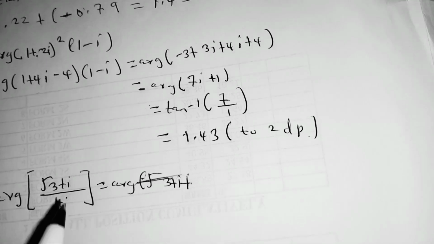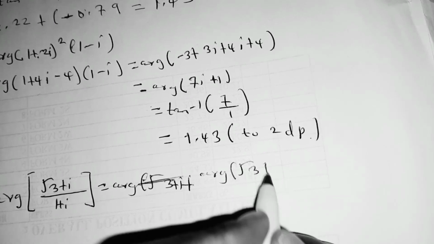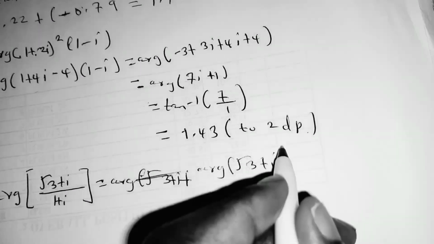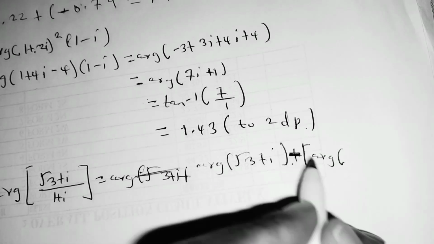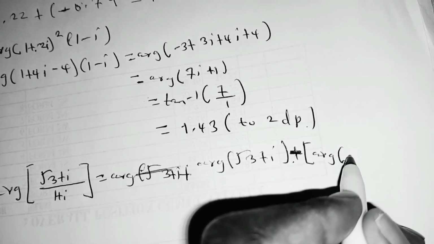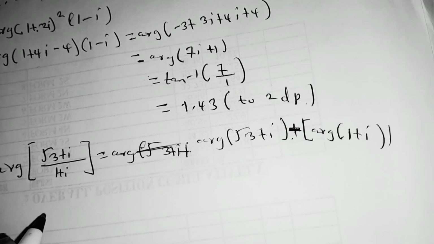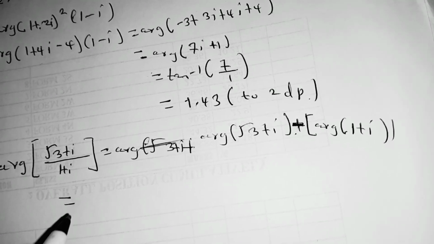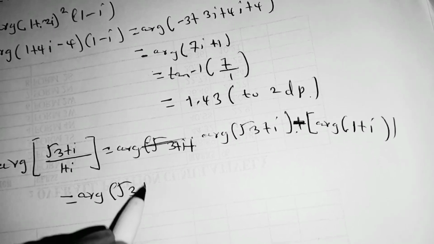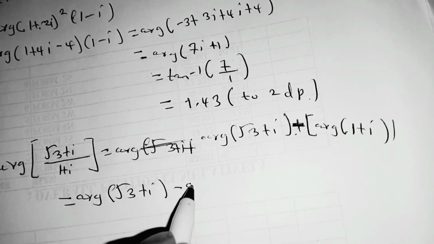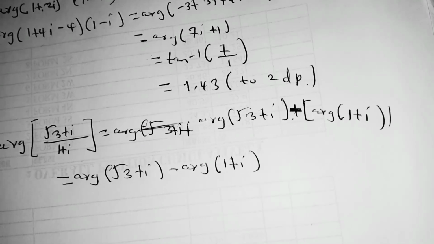This can be written as, this is the same as the argument of (root of 3 plus i), the numerator, minus the argument of the denominator, which is 1 plus i. So this part here, we can write it as argument of (root of 3 plus i) minus argument of (1 plus i), which is the denominator.